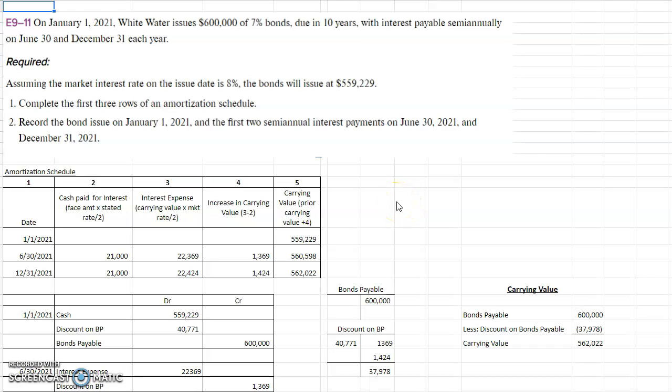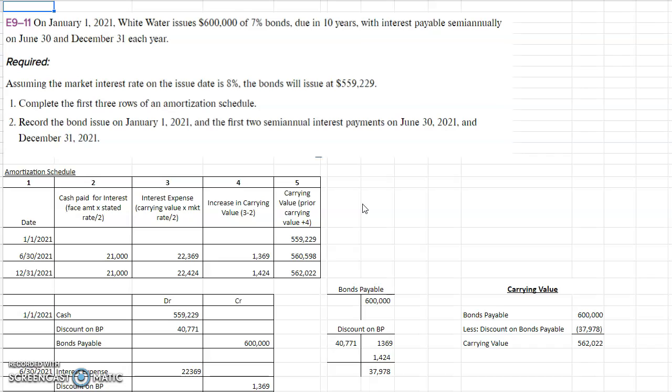Now, assuming the market interest rate is 8%, which is higher than what the bond is paying, the bonds issue at 559,229. Now, you don't have to calculate that. These things are always given in your problems.